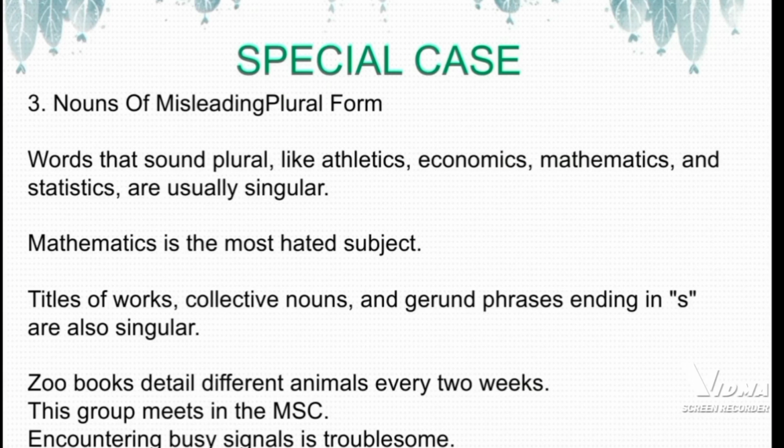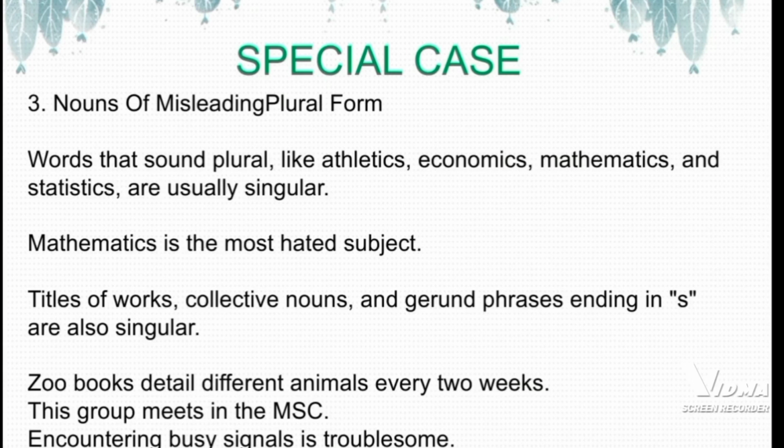These are basic instances in English grammar, subject-verb agreement rather. Titles of works, collective nouns, and gerund phrases ending in S are also singular. For example, zoo books detail different animals every 2 weeks.